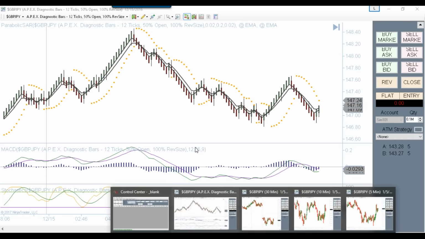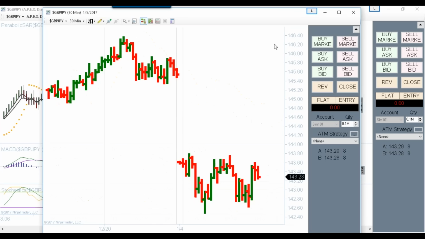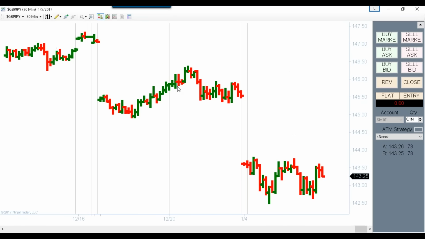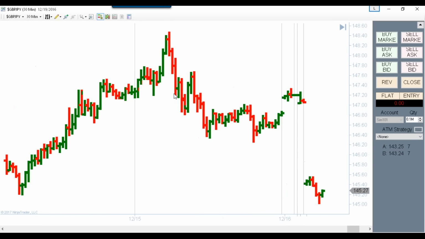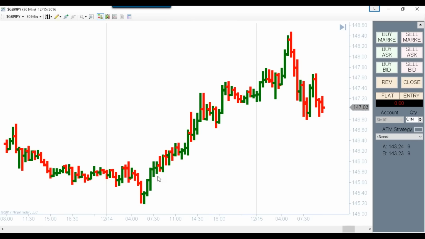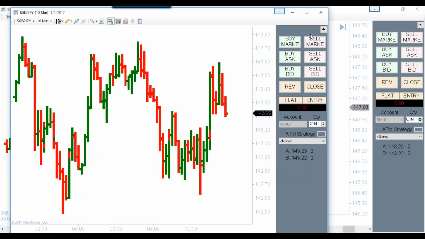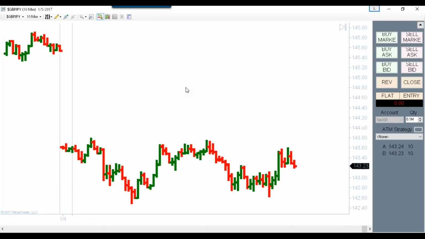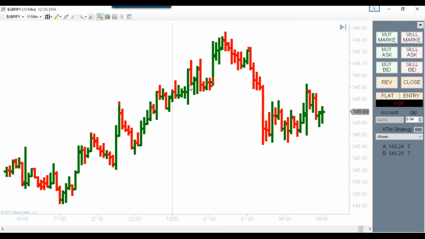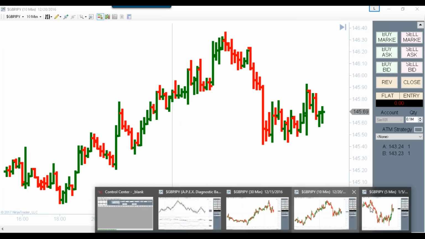For example, something you might want to do every day you start trading, maybe you pull up a 30-minute chart, right? And maybe you're looking at 30-minute charts to understand the overall trend of the market. And you're seeing, okay, overall in the longer term charts, the market's in an uptrend. Then you're also looking at a 10-minute chart that kind of confirms that as well. And maybe you're going down even to a 5-minute chart.